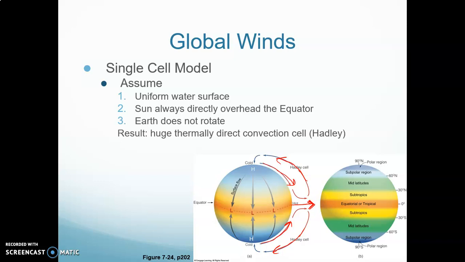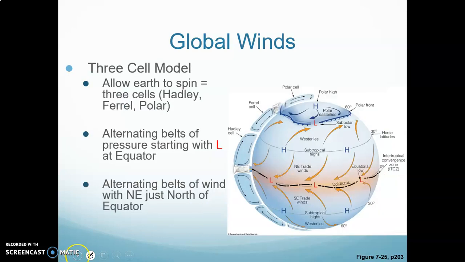Now, kind of ridiculous, but what we notice is when we take away the third assumption, that the Earth does not rotate, instantly things become a little more realistic. When the Earth starts to rotate, then this Hadley cell actually breaks up into three cells. The first is the Hadley cell.